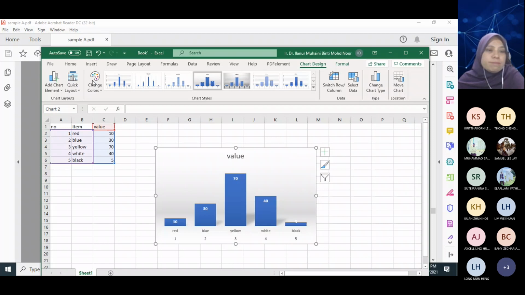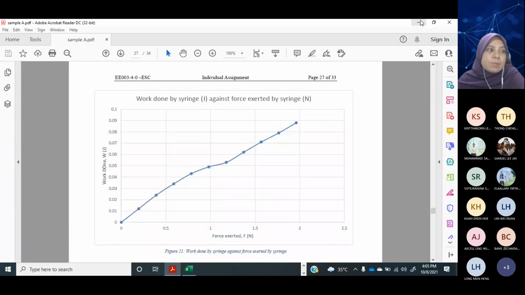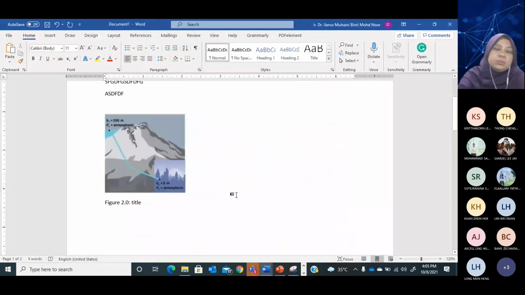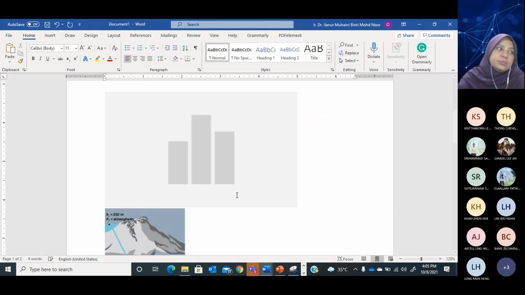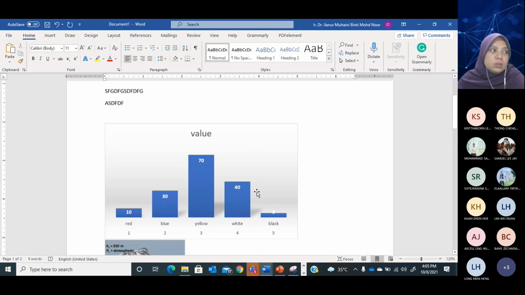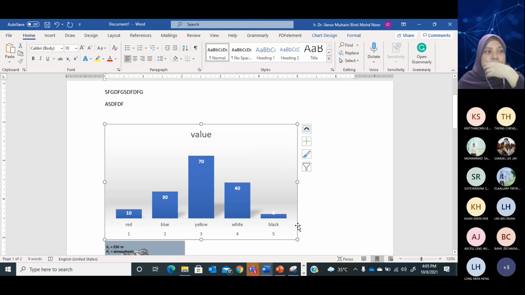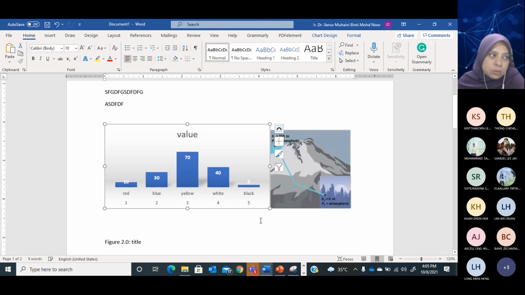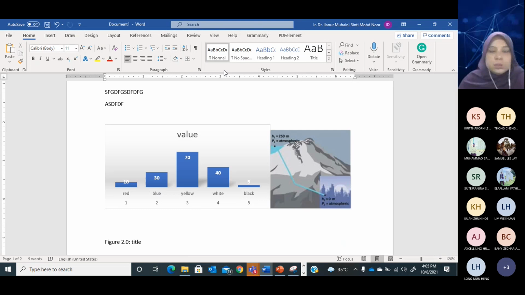Control C. Go to, okay, Control V. Then adjust it nicely and don't be so big. Okay, sample like this. Okay.